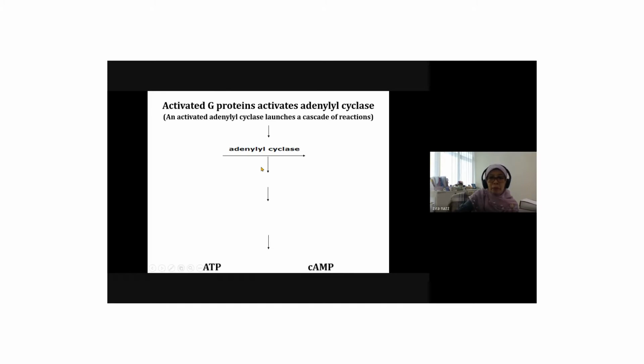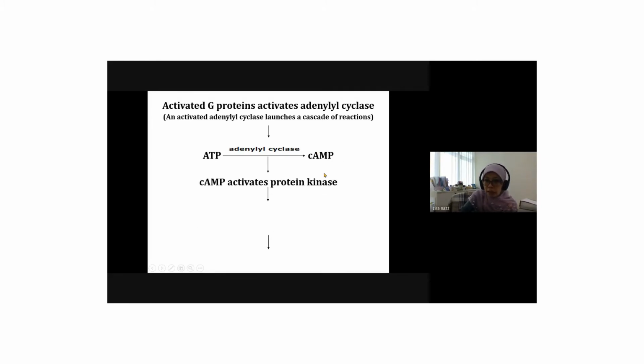Okay. So there is going to be a cascade of reactions that happens when the activated G protein activates the enzyme adenylyl cyclase. You can see here that this enzyme is very important to catalyze the conversion of ATP to cAMP, or cyclic AMP, the second messenger.